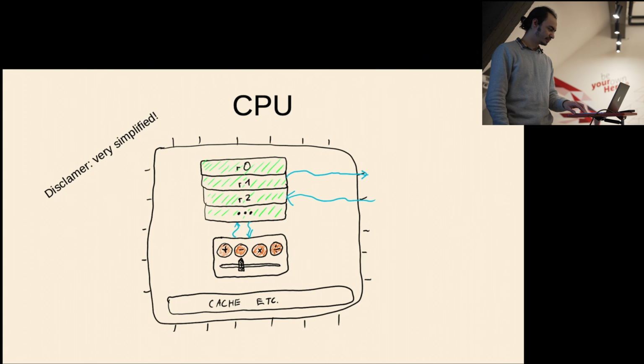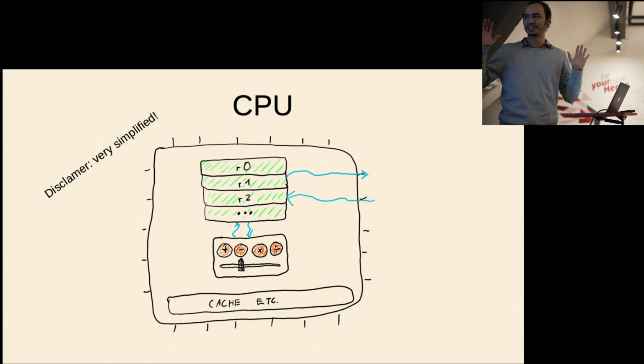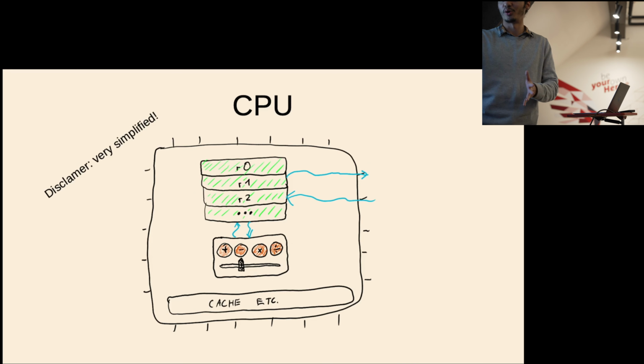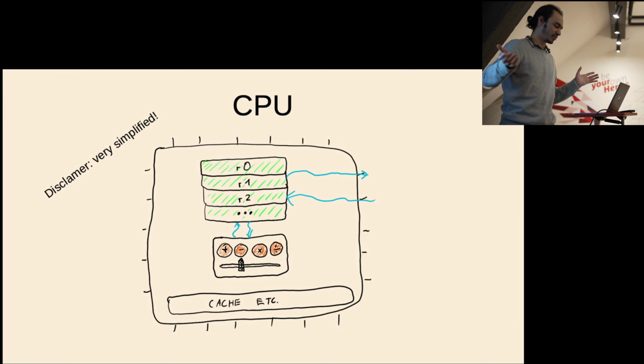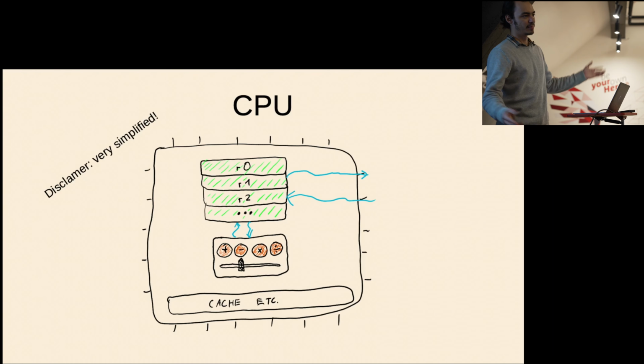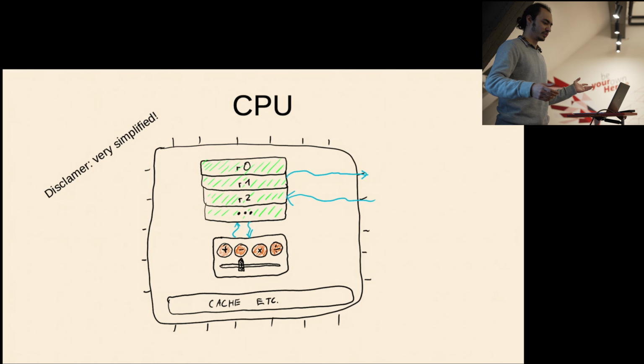And we will see, disclaimer, very simplified, we have a fixed number of registers, and we have some hardware components which can take a value from a register, add it with another register, and put it back to a register. And you can move some data from the main memory to the CPU or to the hard drive.